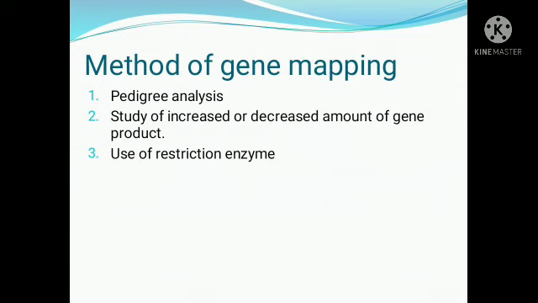So we know in which area, in which triplet this particular enzyme will act. Based upon that, we can identify there is a triplet. So breaking the DNA into various sequences by using enzymes. So, pedigree analysis, study of increased and decreased amount of the product of gene, and the use of restriction enzymes.